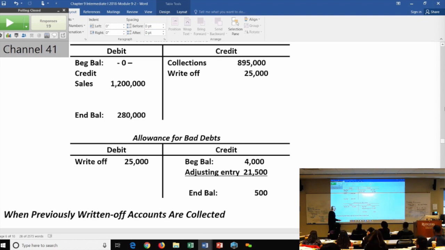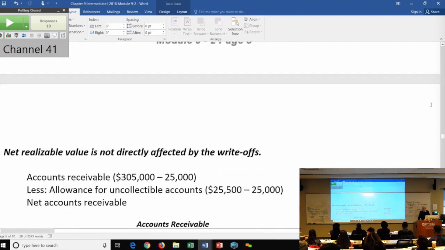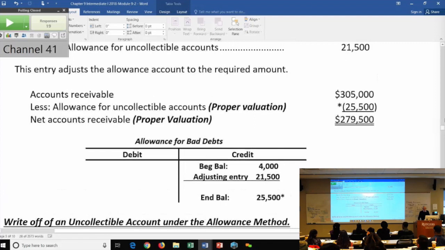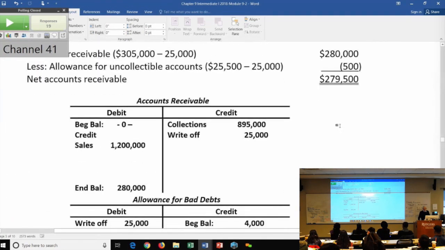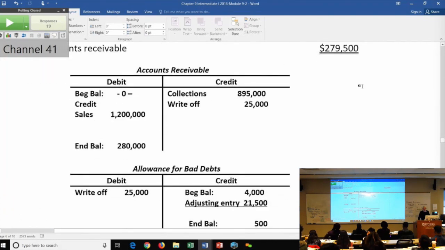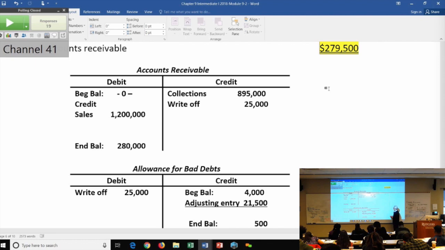So if you look at the numbers we had before, 279.5, I should say, if you go back to the original net realizable value, it's 279.5 before the write-off. After the write-off, it's exactly the same. So write-offs do not affect the net realizable value of accounts receivable under the allowance method. So any questions on that so far?